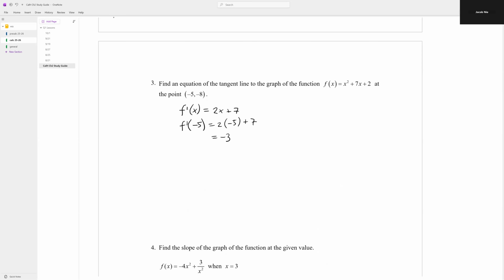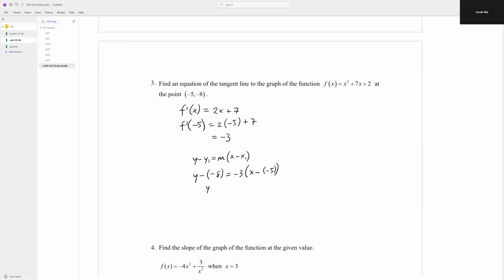And so that tells us that we're looking for a line with slope -3 that passes through the point -5, -8. And so this is simply a matter of using point slope form, right? Remember our formula, y minus y1 equals m, the slope, times x minus x1, where x1 and y1 are the coordinates of the point that the line passes through. And so we're simply going to plug in our values of m and x1 and y1. And we're left with y minus y1, which is -8, equals m, which is -3, times x minus x1, which is -5.